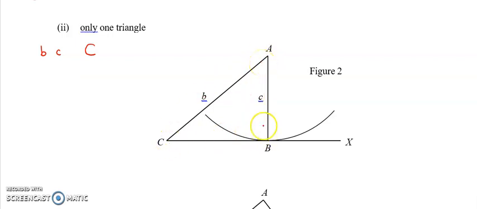For this kind of diagram, definitely angle ABC will be a right angle, and this will be angle C. That is given in the question. Angle C is given in the question. And it was mentioned just now, B is longer than C. Oh, so here I can also have an ambiguous case? In this case, no.